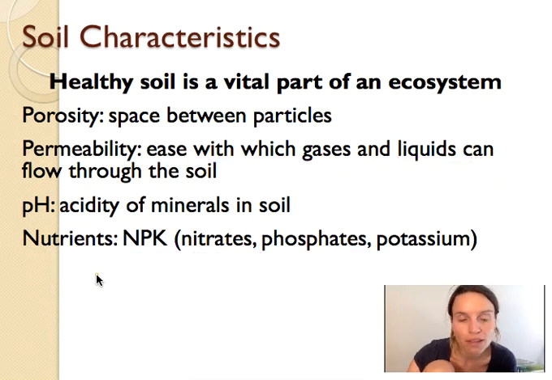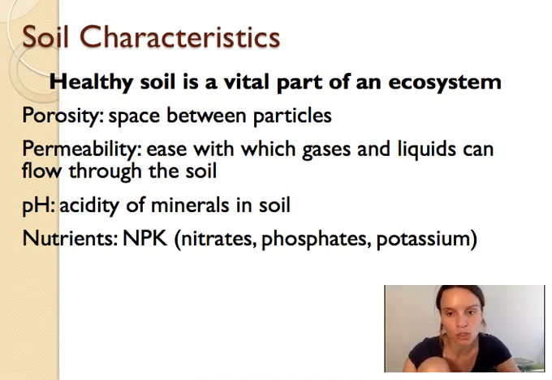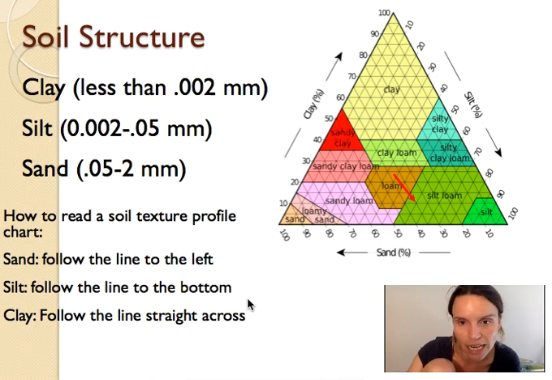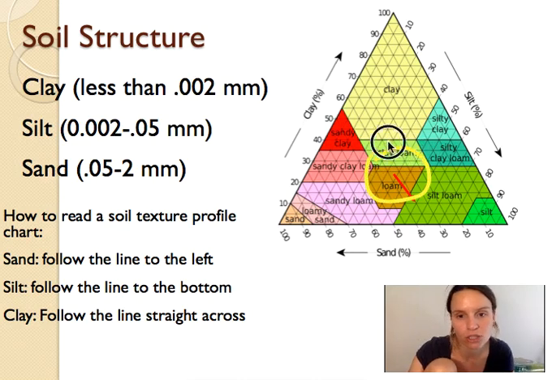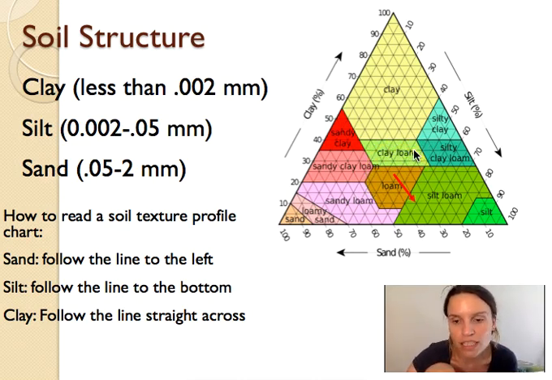So when we look at healthy soil, the soil that gives us the healthiest balance between all of these things, I'm going to go back just for a second, is usually some kind of a loam-based soil. And it's true that different kinds of plants grow in different kinds of soils.